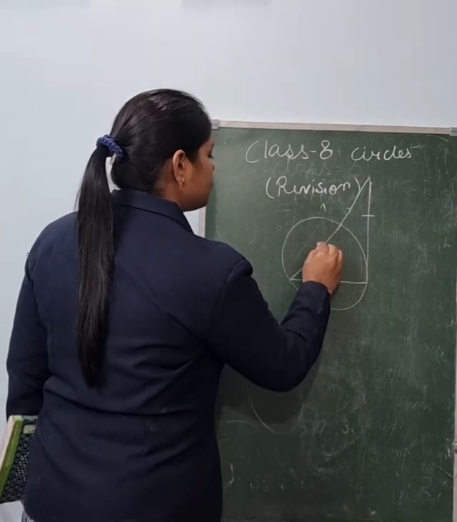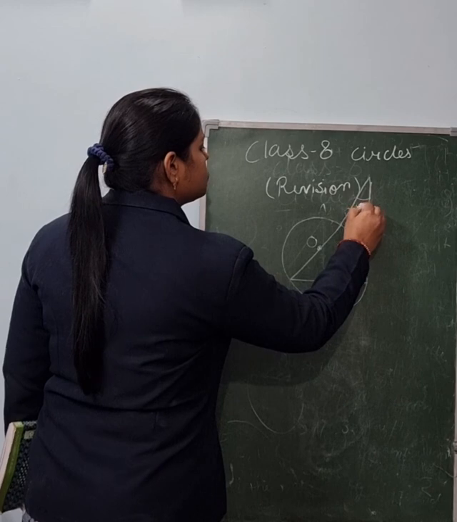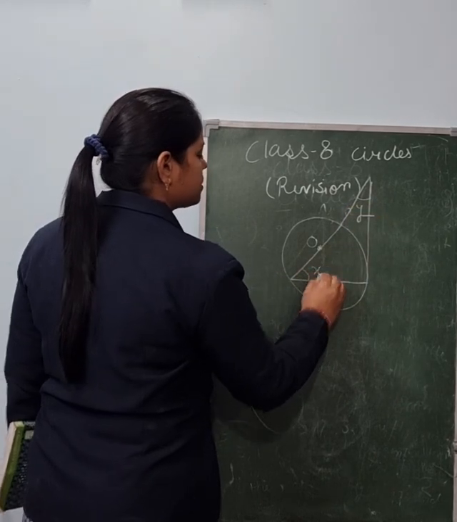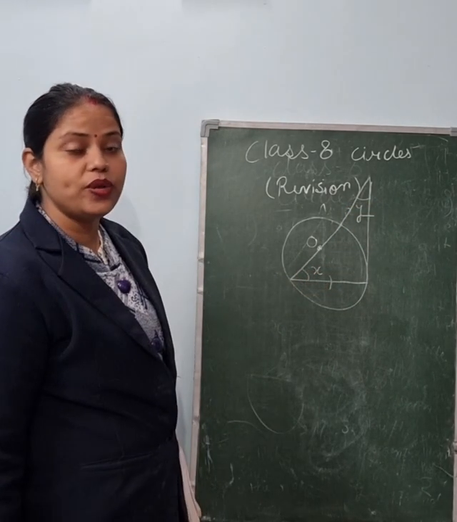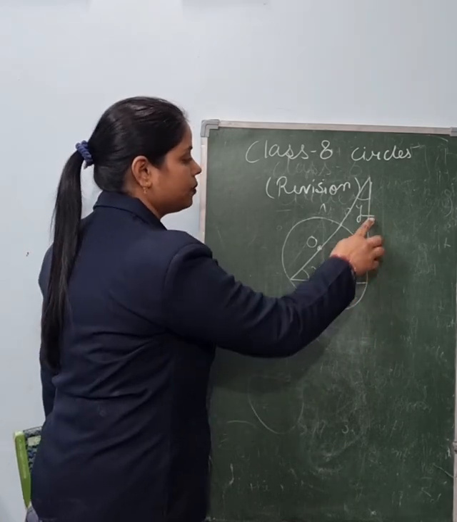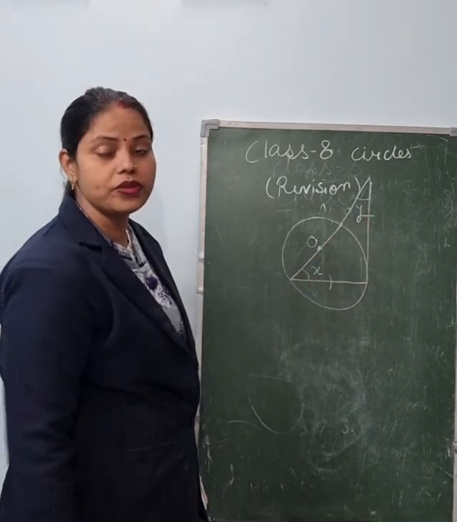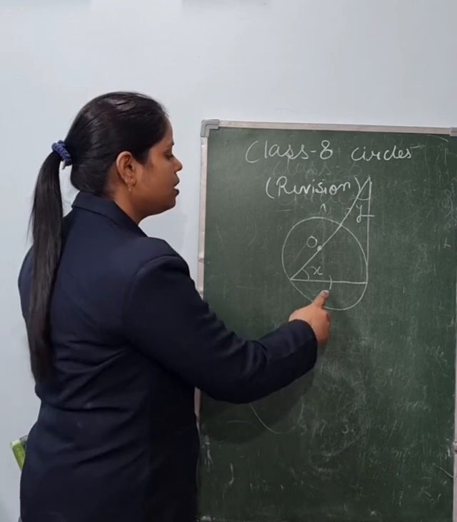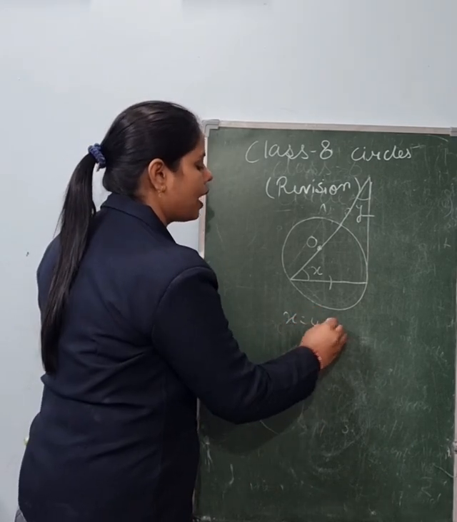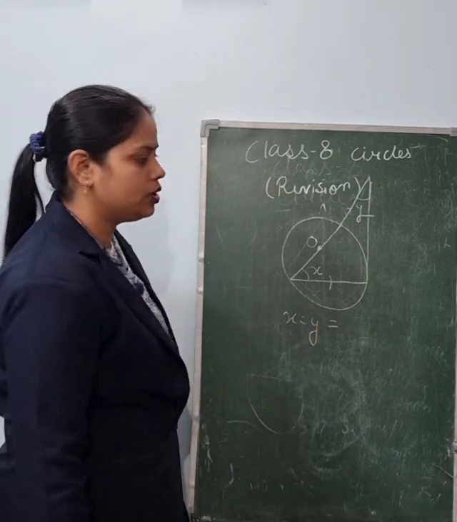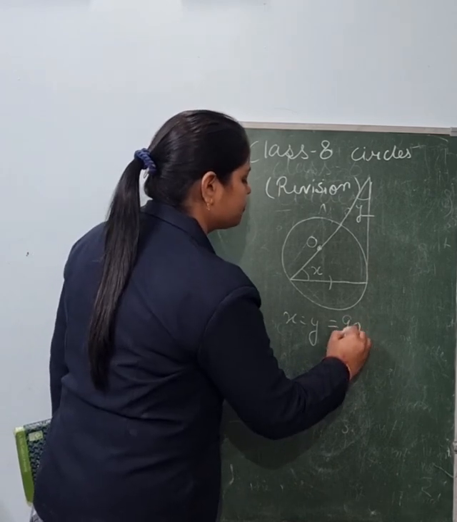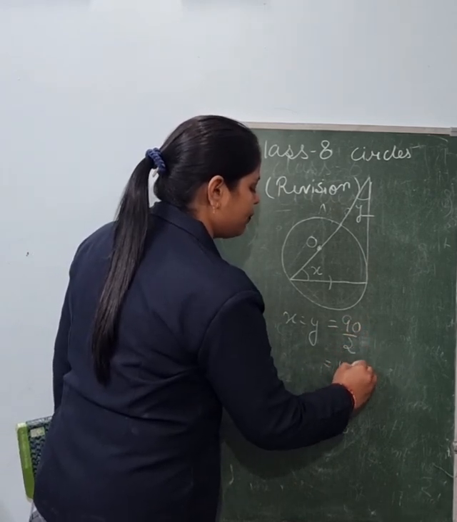It passes through the center of the circle. This is y and this is x. So here, since both the sides are given equal, we can simply write down that x will be equal to y and both the angles will be equal to 90 upon 2, that is equal to 45 degrees.